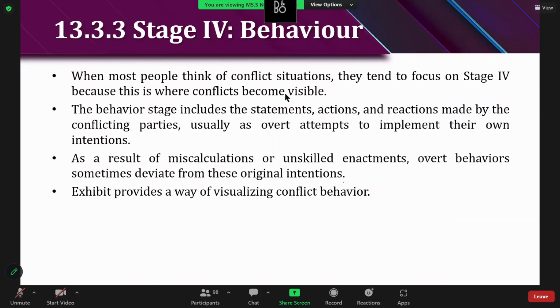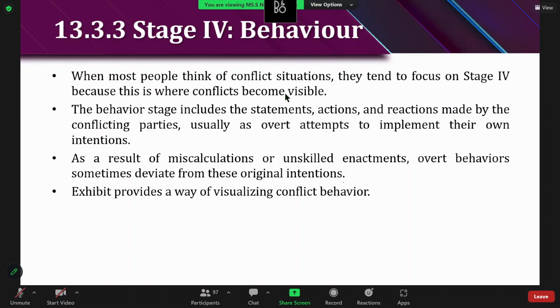We don't even recognize that there are three different stages which precede stage 4.